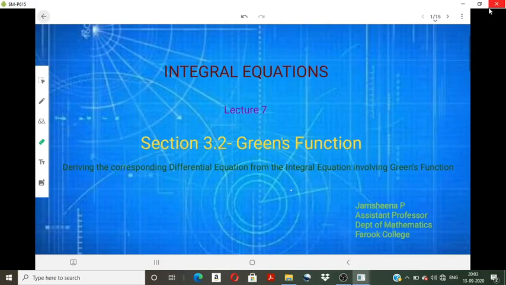In this lecture, we will discuss the equivalency of differential equation and the corresponding integral equation involving the Green's function. In the last lectures, we have discussed the definition of Green's function and how to determine Green's function.